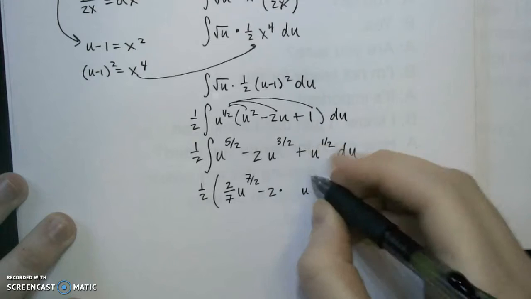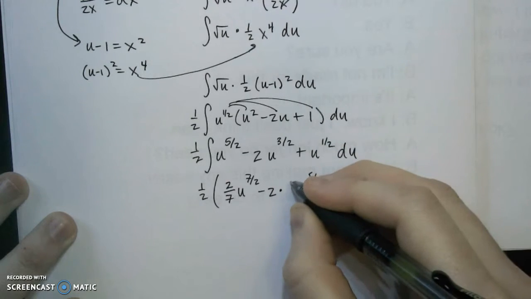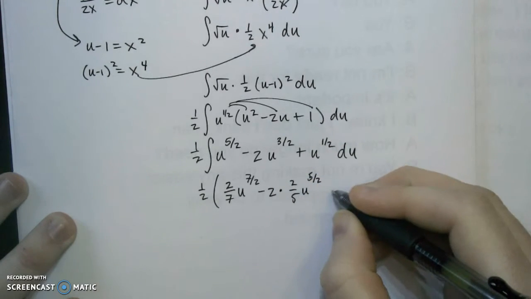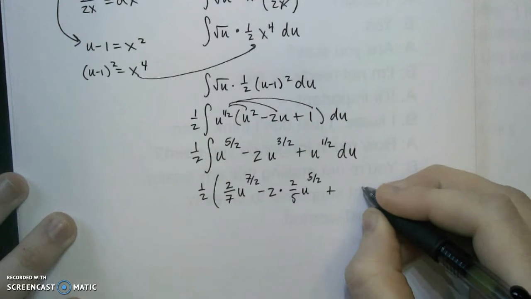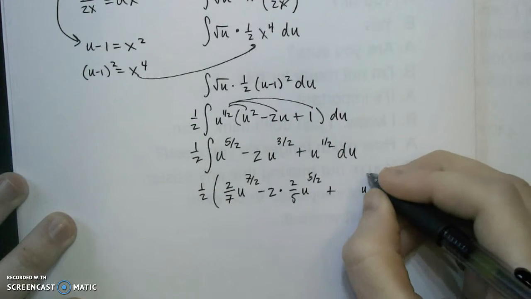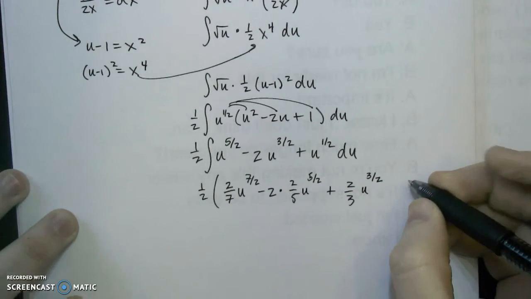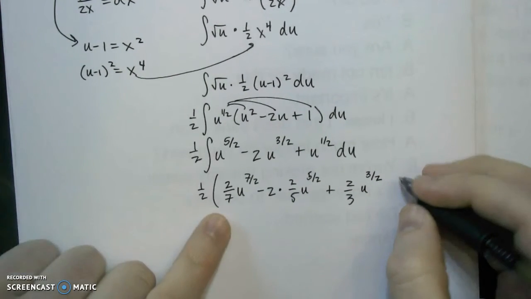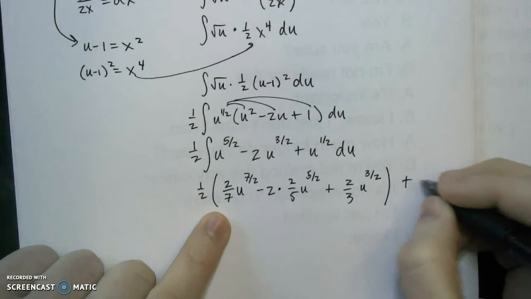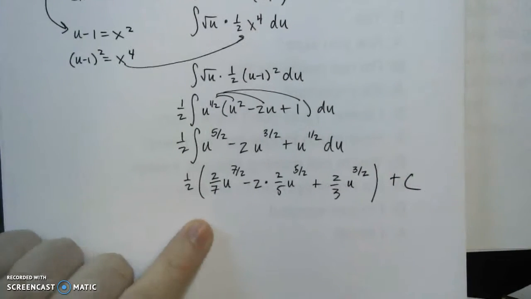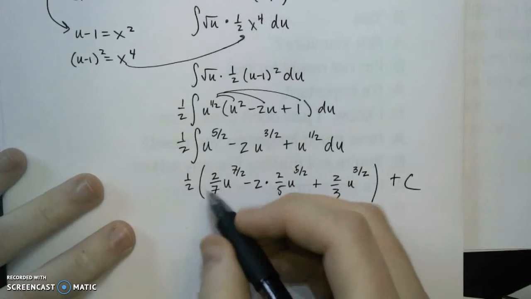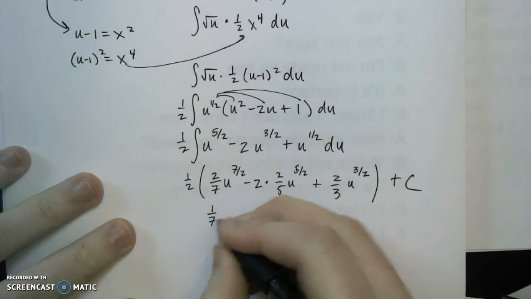I'll have u to the 5/2 and multiply by the reciprocal. And I'll have u to the 3/2 multiply by the reciprocal. And then I've got plus c. And if I distribute my 1/2, that will give me 1/7.